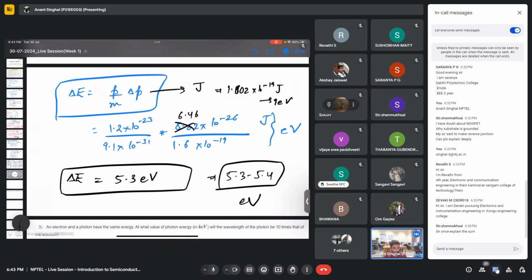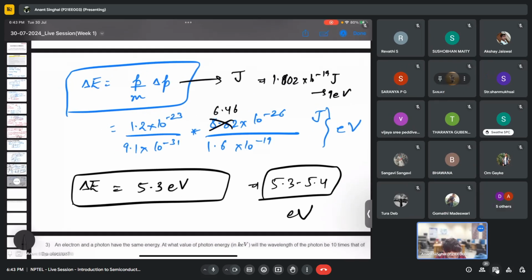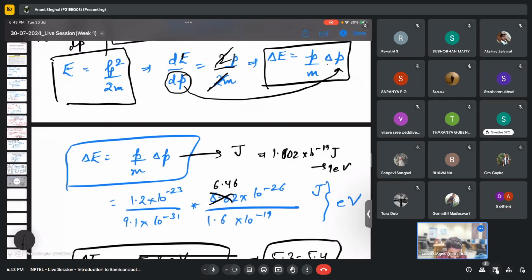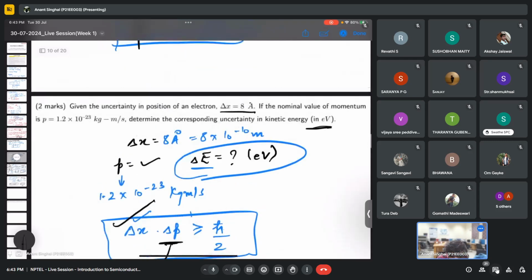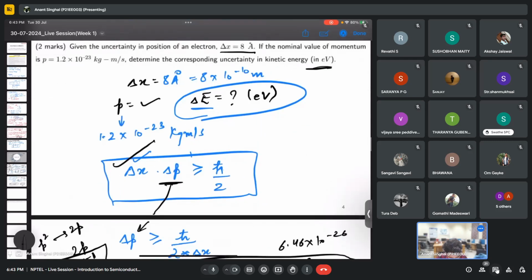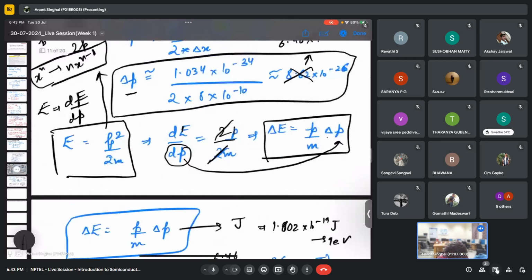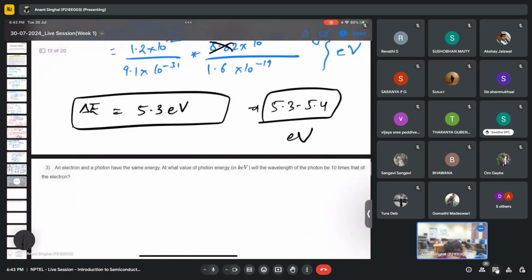Please confirm if you are getting the same. So this is how we have calculated the uncertainty in energy. I hope this is clear. Maybe we can move forward to the next problem now.